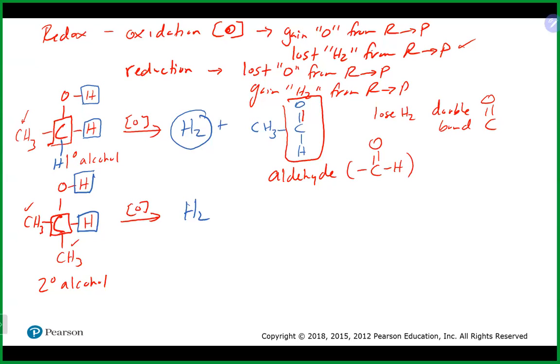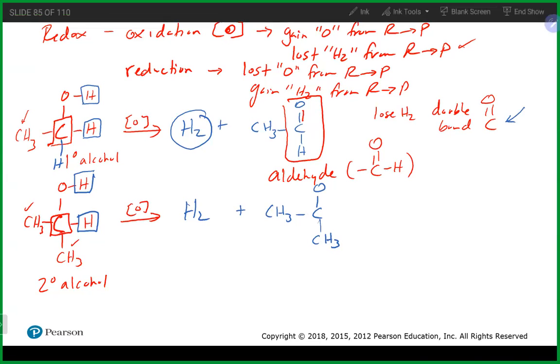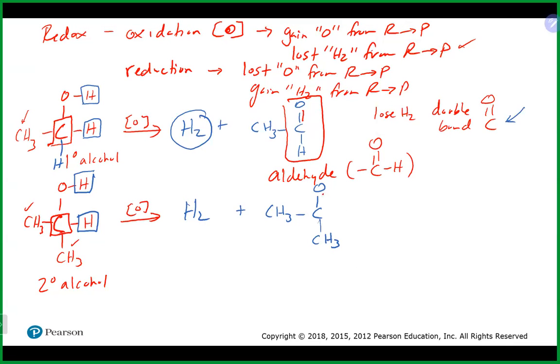And at this point, I'm just going to copy exactly what I got going on there. So we got CH3, we got carbon, we have an oxygen, and I have a CH3 over here. And the other thing I'm going to do at the end is put a double bond there between the carbon and the oxygen. Put it right about there.